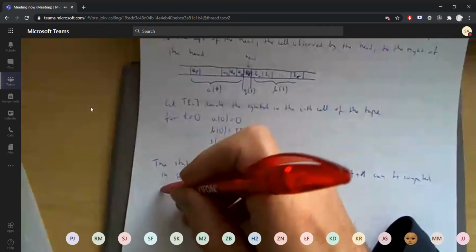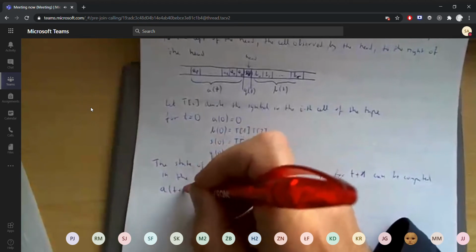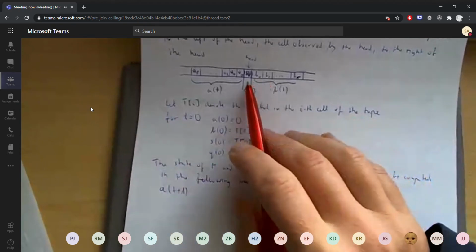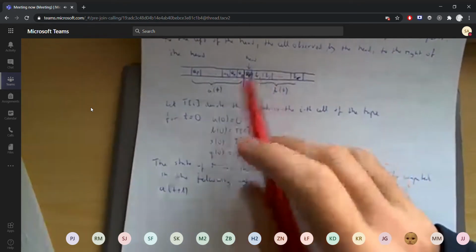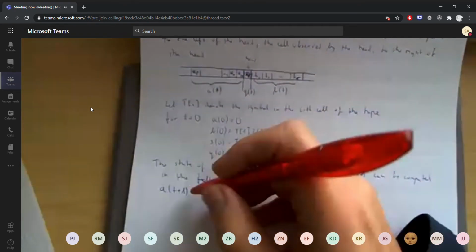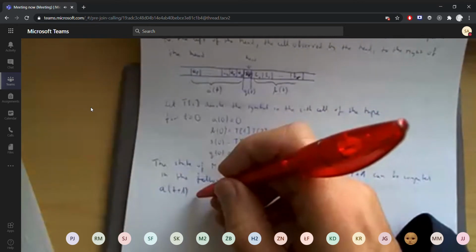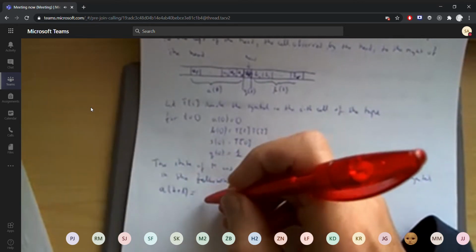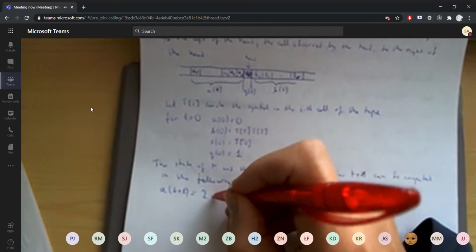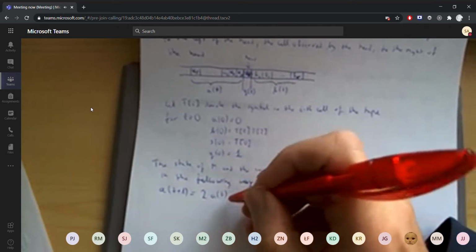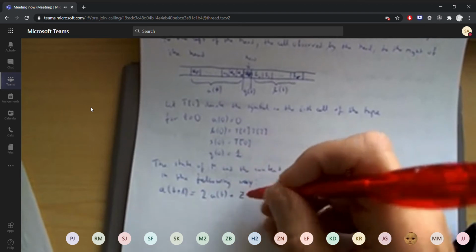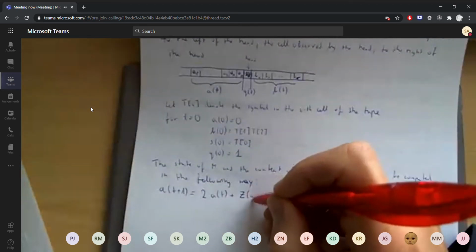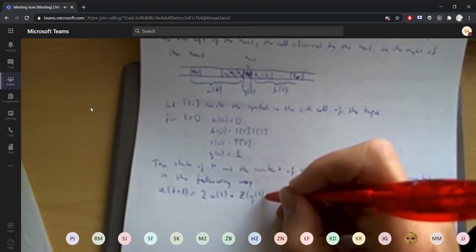So let's look first at A of t plus 1. This depends on whether the head moves to the left or to the right. So we have to write these two cases here, and I will write it in this way. Maybe I will write it first, and then we will see that it is correct.